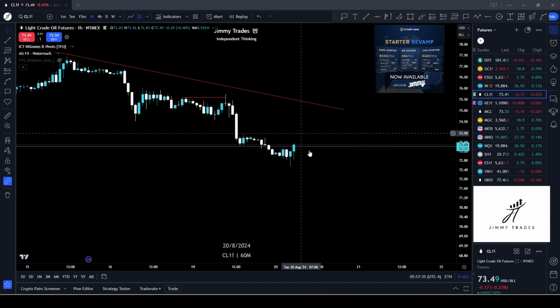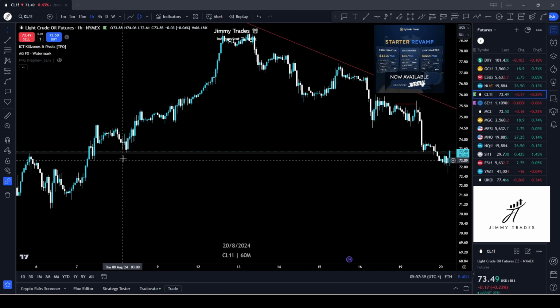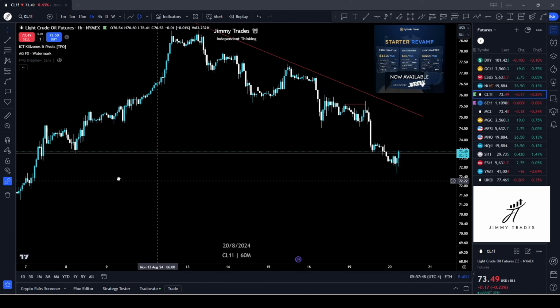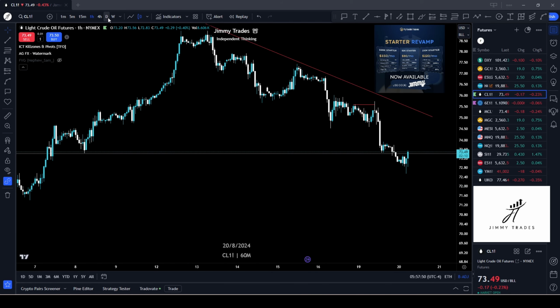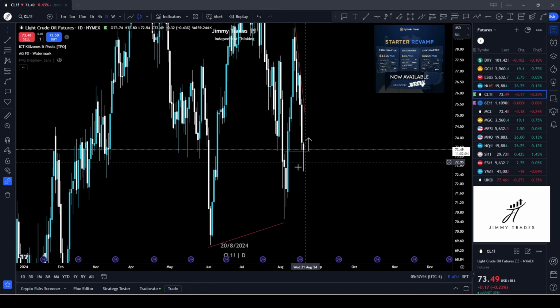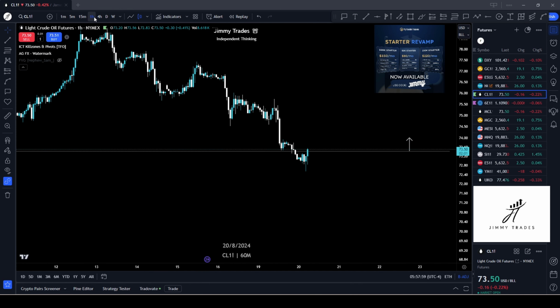Let's drop to the hourly. So we've had a sweep. If we drop back out, we haven't swept an important level, is what I'm looking for here if we were looking for a change in the state of delivery.